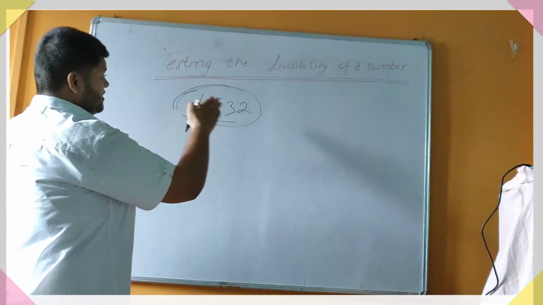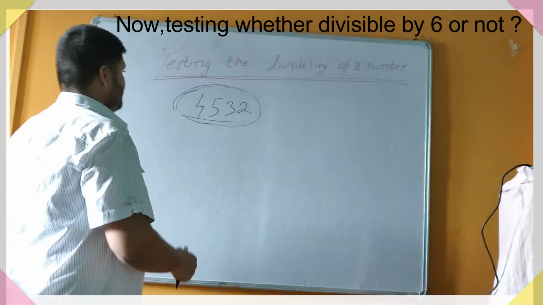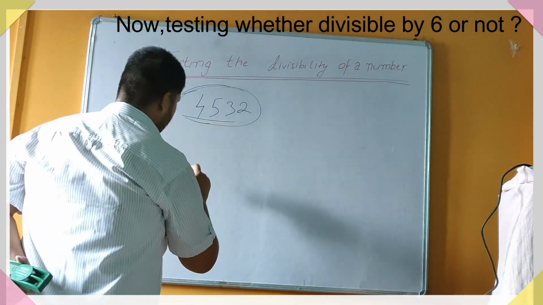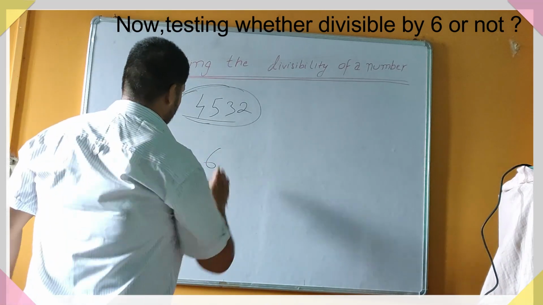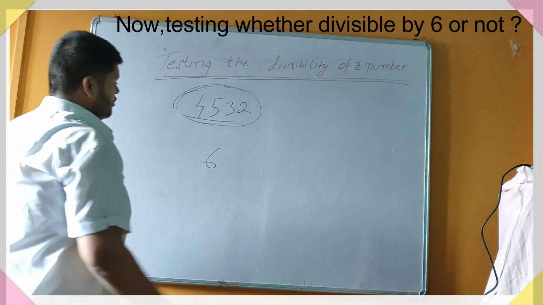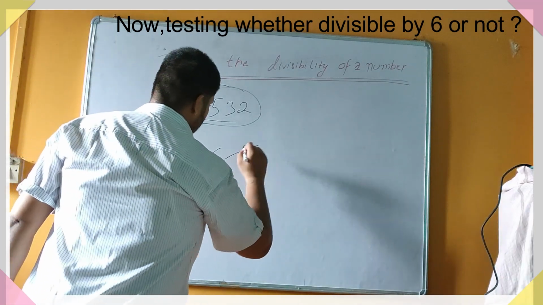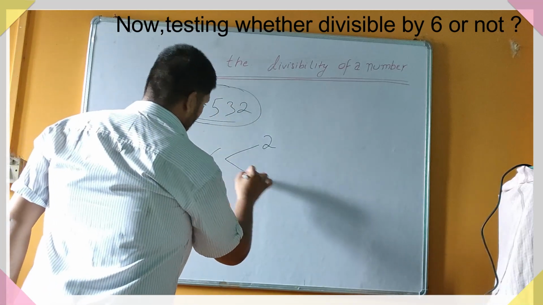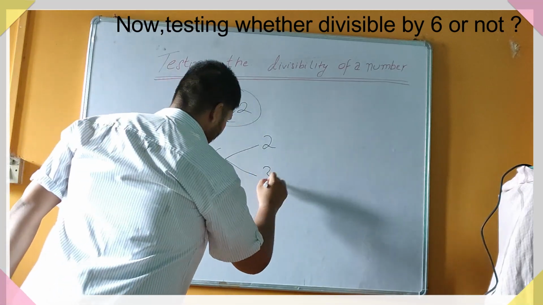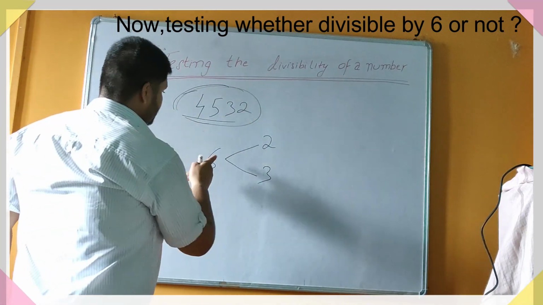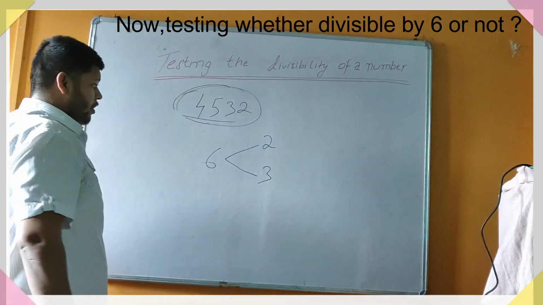To test whether this number is divisible by 6 or not, you have to check whether it is divisible by 2 and 3.